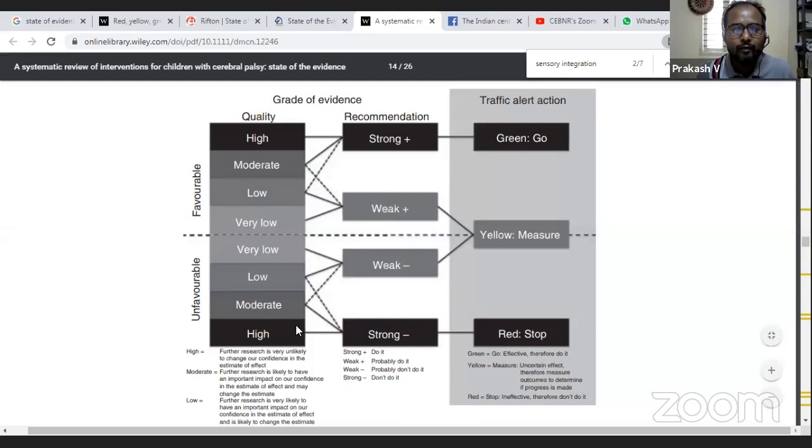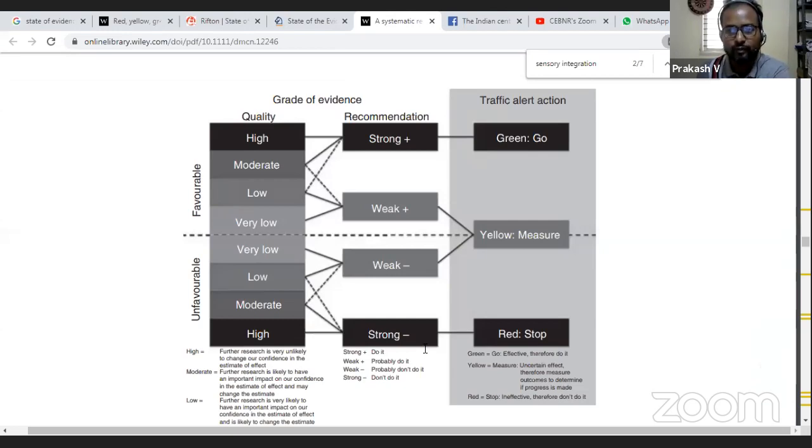And then you have unfavorable evidence, that is high quality evidence suggesting that it's not working, which is put as red. That is, we have clear-cut evidence with high quality that these interventions have to be stopped because we have clear evidence that it's not working.